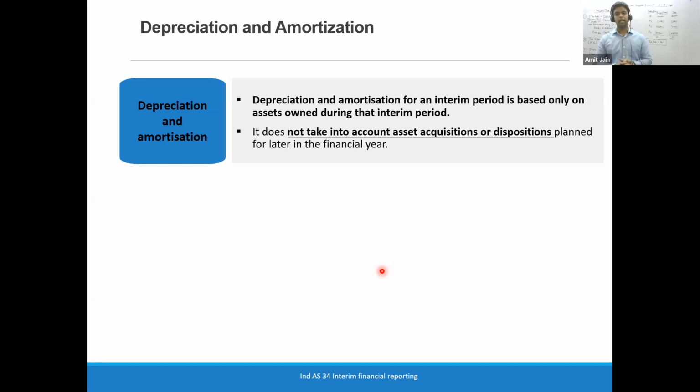It cannot be the case that if I'm going to purchase the asset in the next quarter, I should be charging depreciation today. That is not allowed. It is also not allowed that if I purchase the asset in a particular quarter, I start the depreciation on those assets in the next quarter. That is also not allowed.